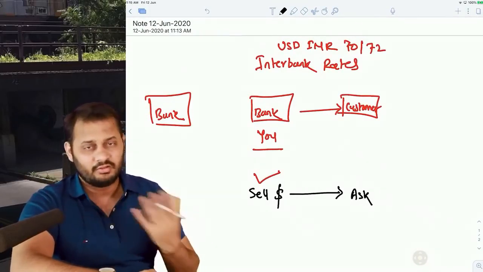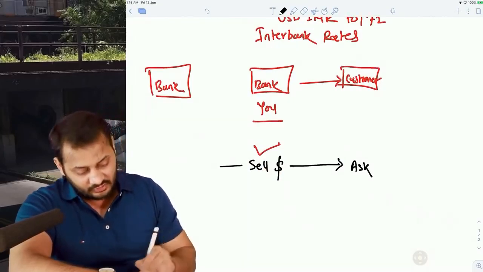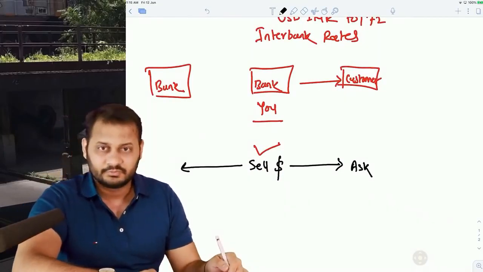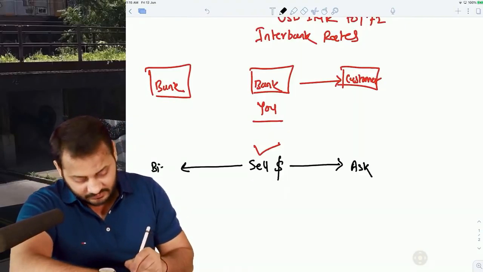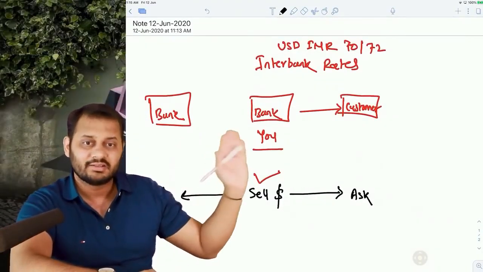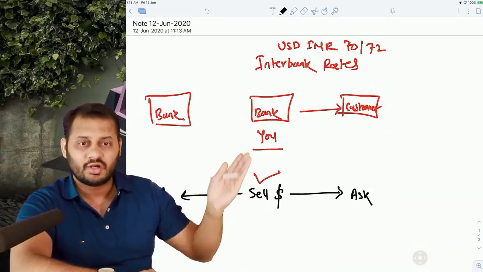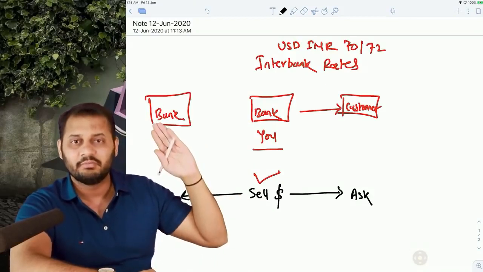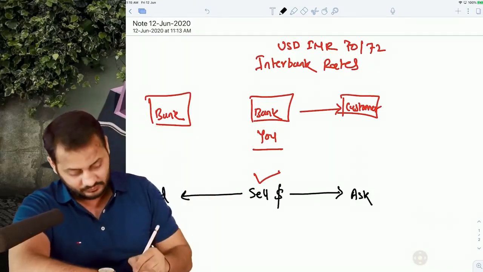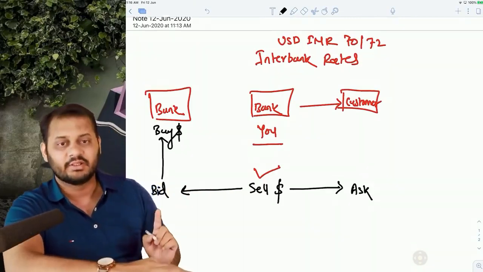I want to sell, the selling rate is ask, so apply this. If I want to sell dollars to the other bank, the bid rate will be applicable. Why? Because now it will be assumed that these rates have been quoted by this bank to us. So I want to sell dollars, this bank will buy dollars, and hence the bid rate is applicable.